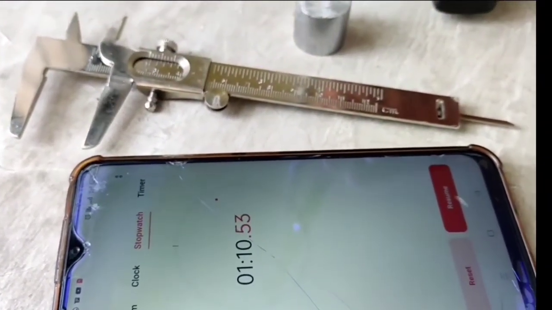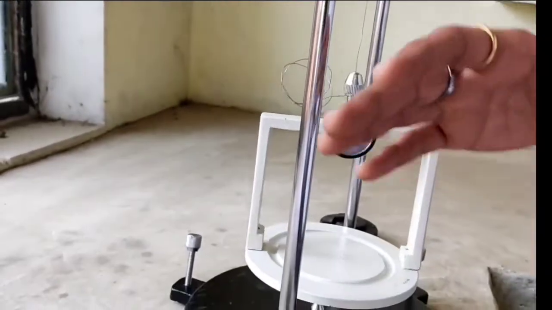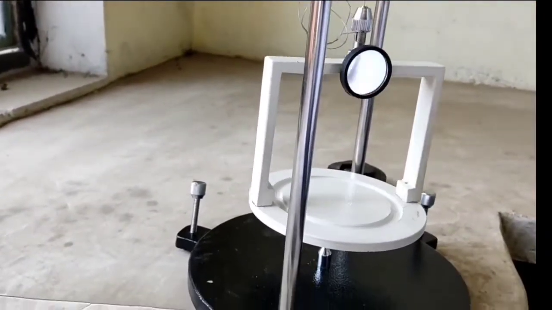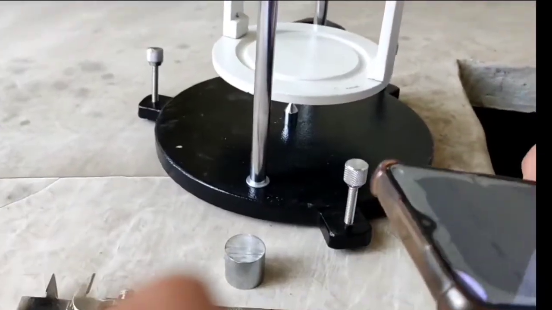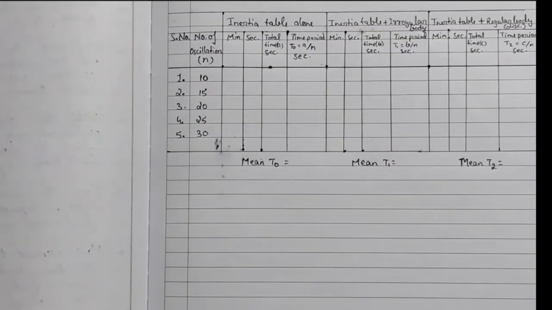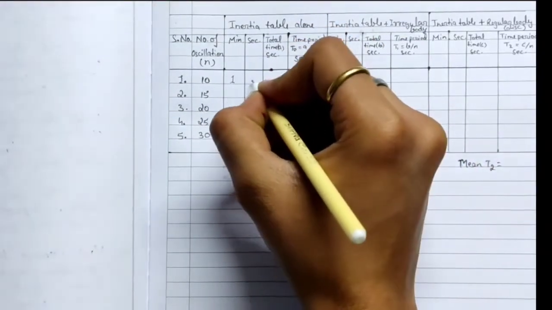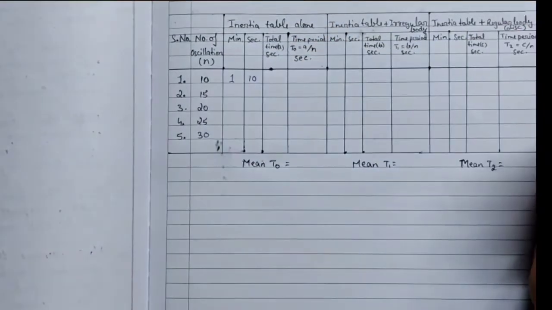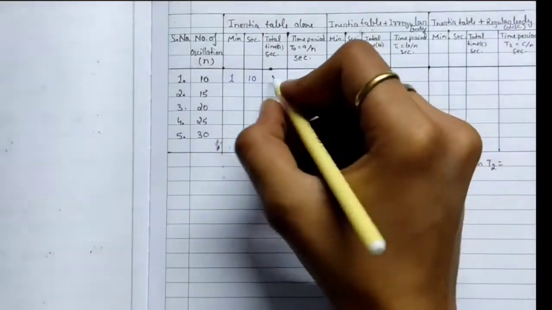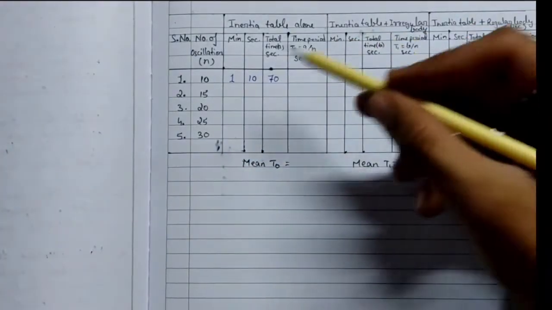तो इसी तरीके से हमें 10 के बाद 15 ऑक्सीलेशंस के लिए, फिर उसके बाद 20 ऑक्सीलेशंस के लिए, फिर 25, फिर 30, ऐसे ही इन पाँचों के हमें ऑक्सीलेशंस निकालने हैं। मैं इन सब के रीडिंग्स आपको अपने रीडिंग नोट पे शो करता हूँ। सो जैसा कि आप सभी ने देखा, यहाँ हमने 10 ऑक्सीलेशंस पे इनर्शिया टेबल अलोन का किया है, जिसमें हमारा कैलकुलेशन आया है 1 मिनट एंड 10 seconds, which is approx 70 seconds.